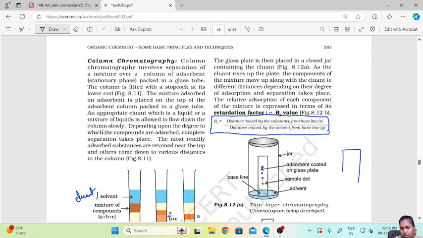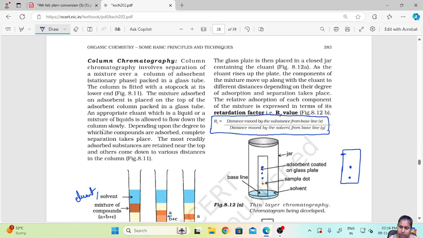Okay, if this is your slide, here you have your dot, and this is till here my solvent has moved. Don't allow your solvent to go beyond it. Stop it at a point where it doesn't go out of your slide.